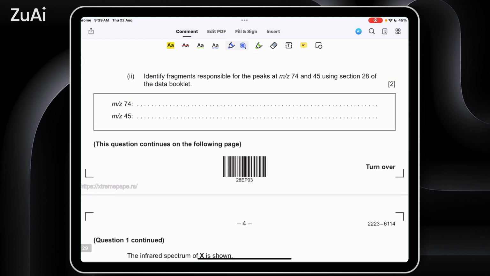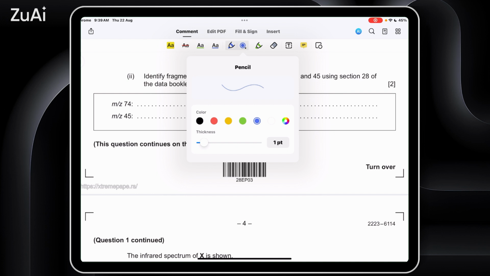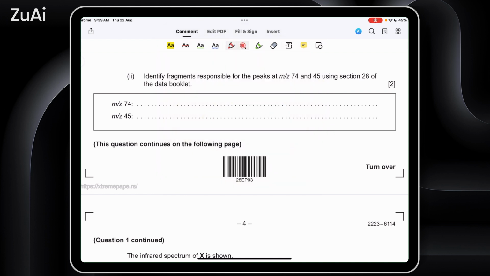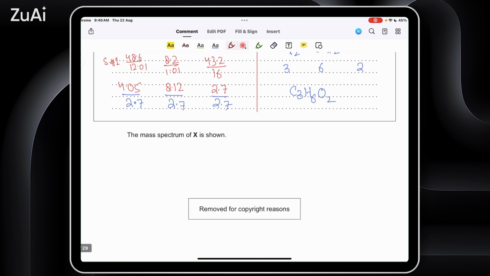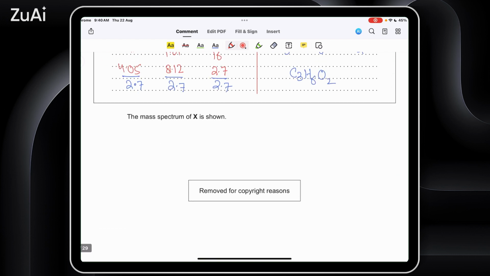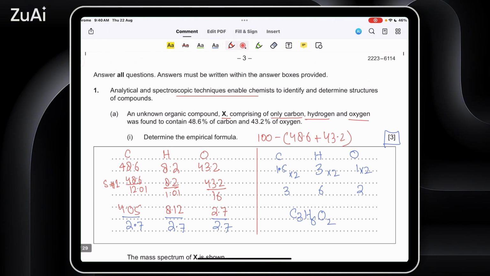So the next question is identify the fragment responsible. The mass spectrum of X is shown.